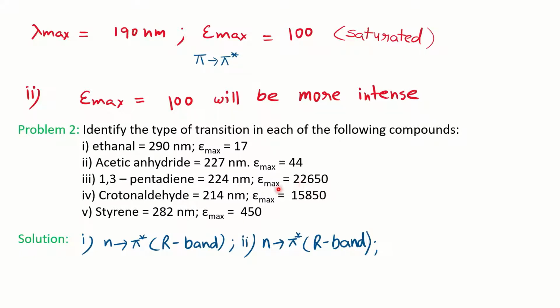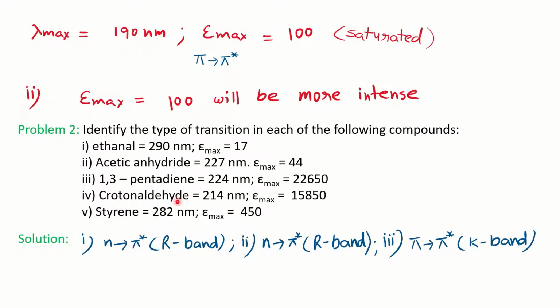High value means a more strong intense peak you will get, and 224 lambda max, which is a high value, suggests it is pi to pi star K band transition. Pi to pi star, same orbital, because the epsilon max value is higher, more than 10 to the power 4. So allowed transition, while the previous two were forbidden transitions because of the lower value of epsilon max.